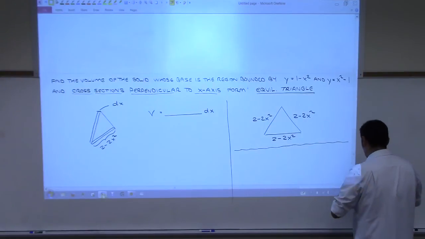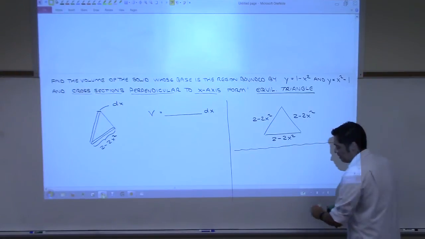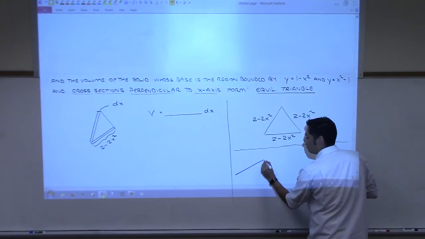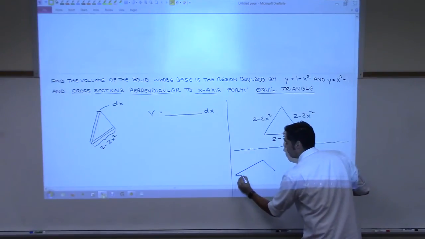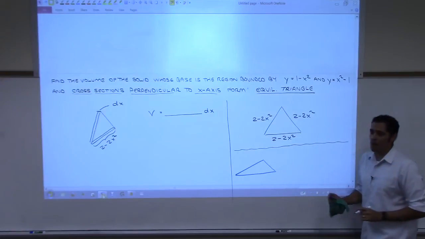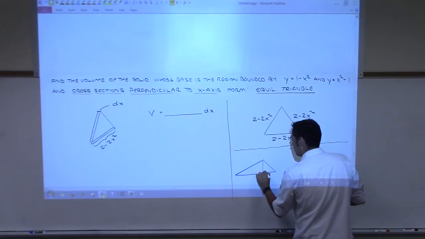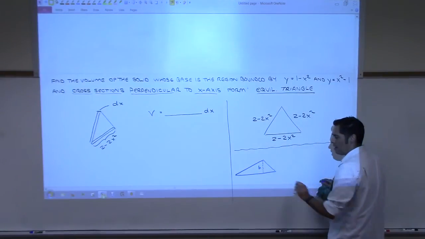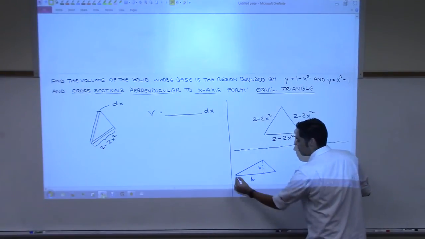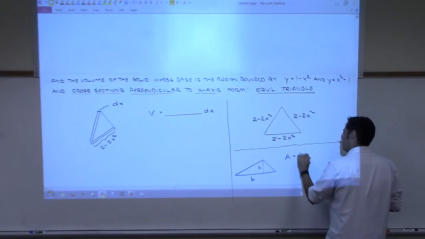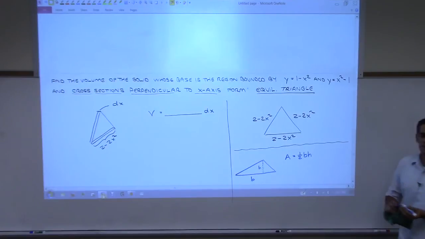If somebody gives you a triangle, and it does not have to be a right triangle, if you know the height of this triangle, and you know the base of the triangle, which is this side, then I think we're all comfortable with this formula. Area is 1/2 base times height. Right? Seen that before? You're okay with that?